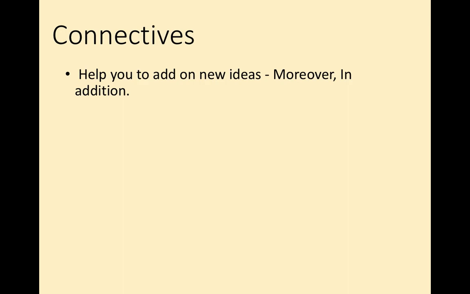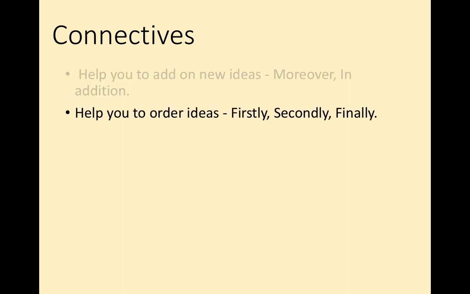Connectives fall into several groups depending on what you want to connect in your writing. They can help you add on new ideas, connectives such as moreover, in addition. They can help you to order your ideas, so firstly, secondly, finally.